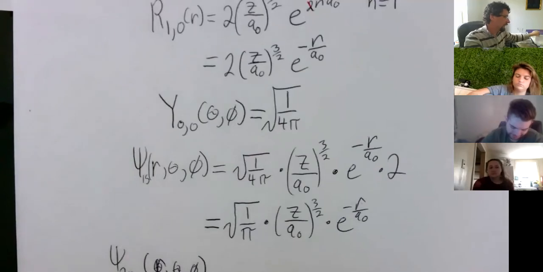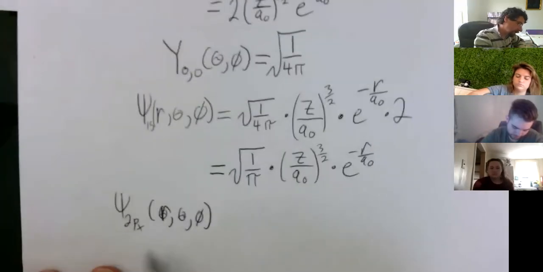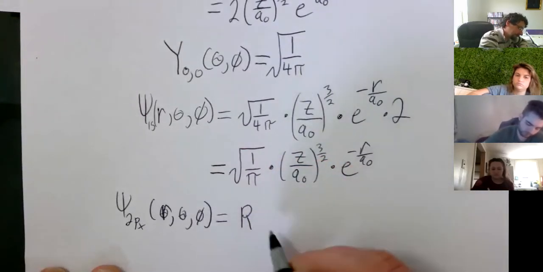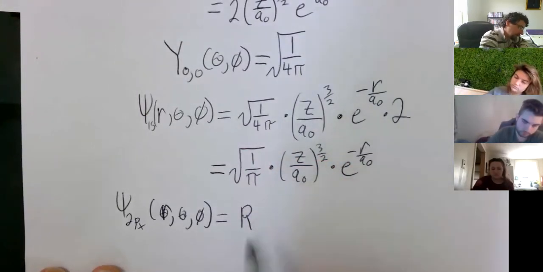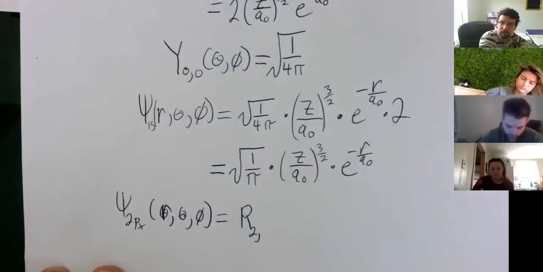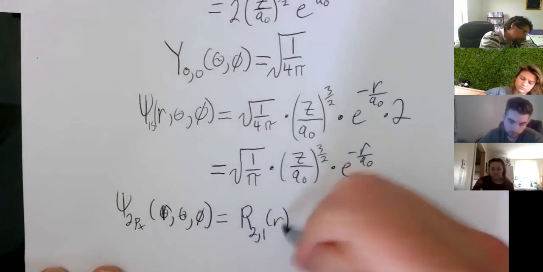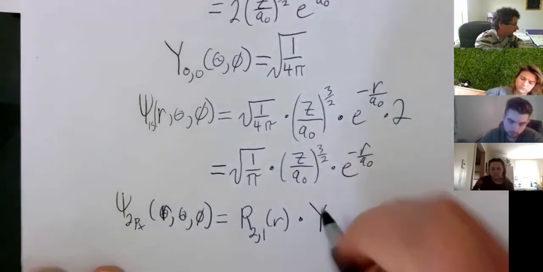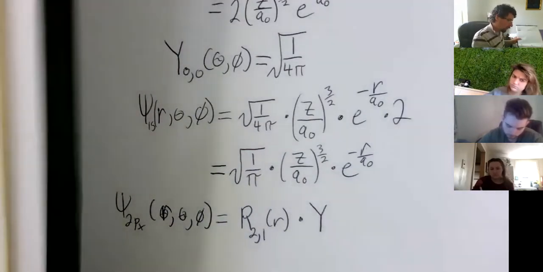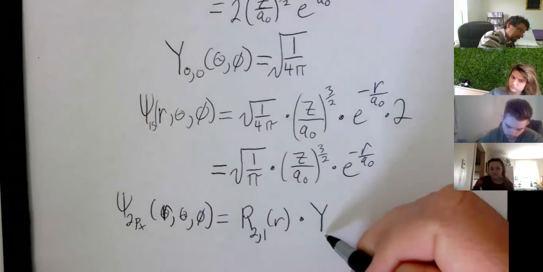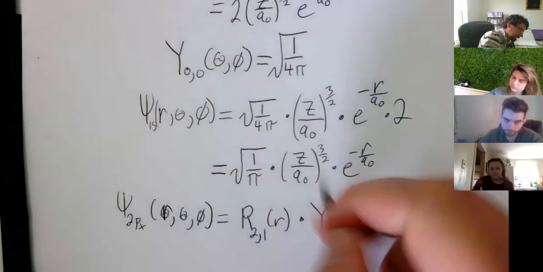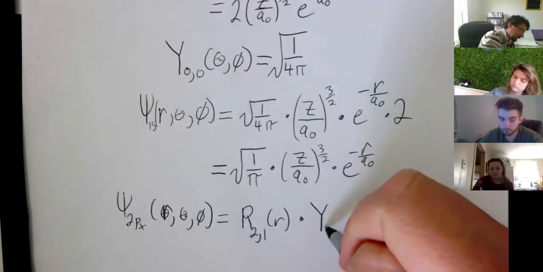So you would have to look up the angular part, but what would the radial part be? It would be 1, or it would be 2? Yep, 2. What's our value of L? 1. Yep. And then we have the angular part, and the angular part you can look up. What is our L value for a 2px? 1 or 0?